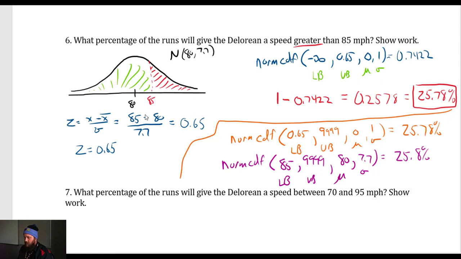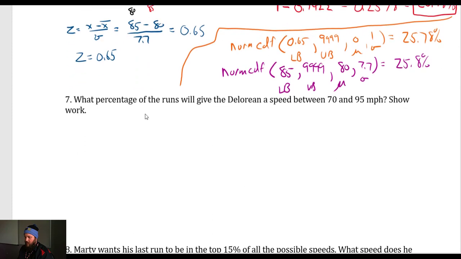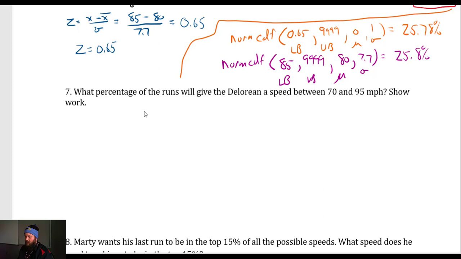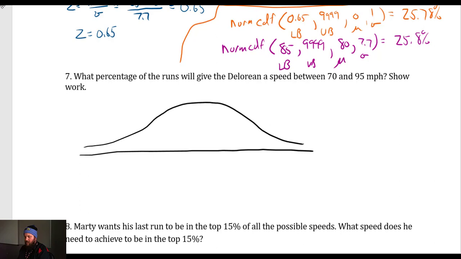Okay, so now we can go through these pretty quick, right? Because now you've got what's the percentage that runs the Delorean will speed from 70 to 95. To show the work, here we know 87.7, 80, and we're wanting to know from 70 to 95.